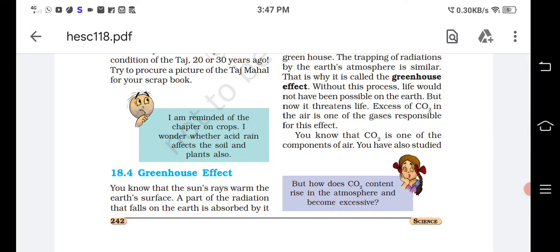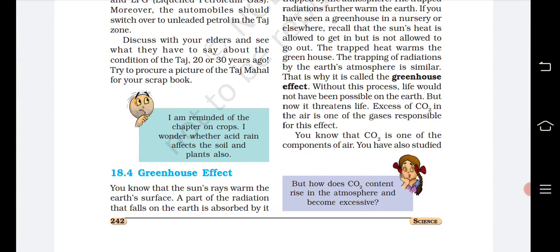Greenhouse effect is essential for our life, okay, but when excess greenhouse gases are present, it leads to global warming. It gradually increases our earth temperature. Okay, excess of CO2 in the air is one of the gases responsible for this effect.